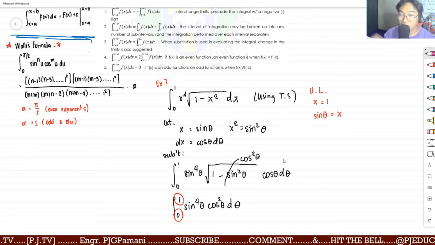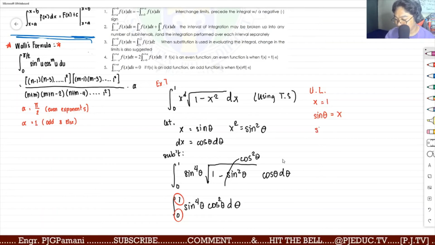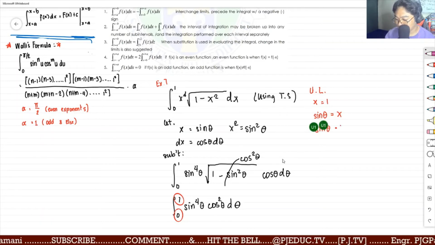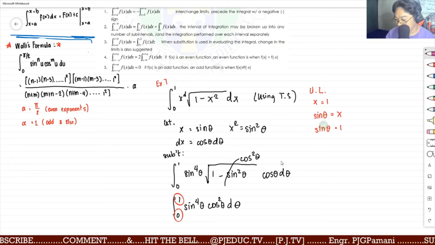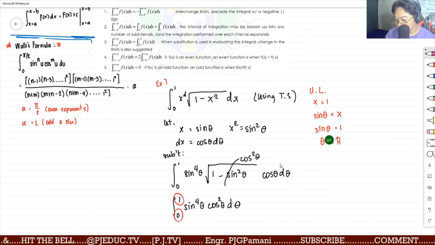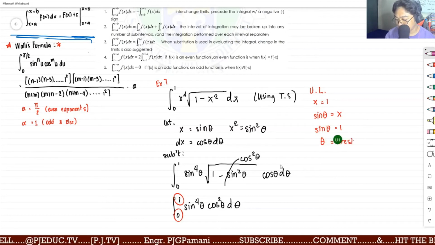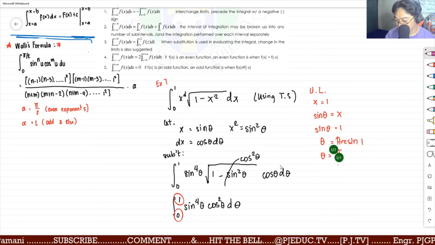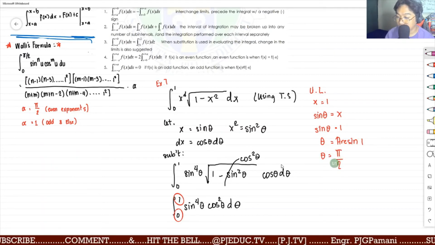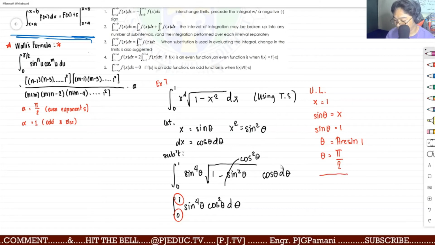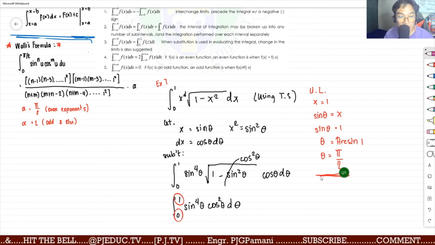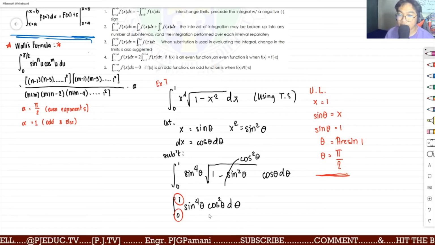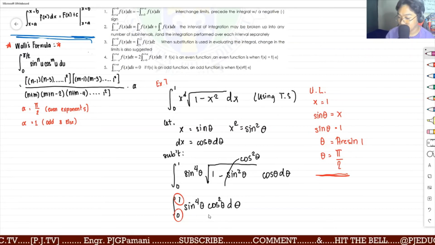Then theta is equal now to arc sine 1, or simply theta is equal now to pi over 2, right? And this will serve now as our upper limit in relation to variable theta.